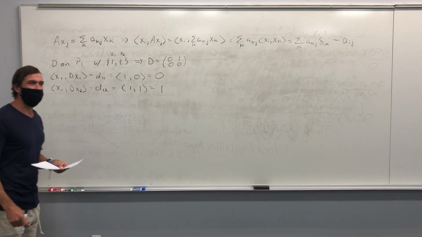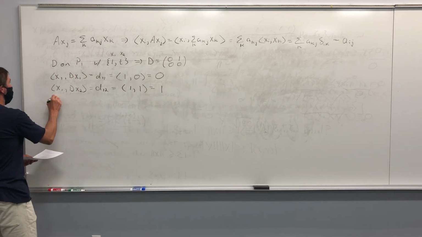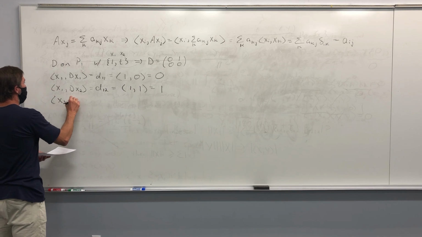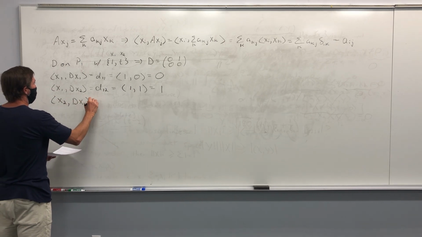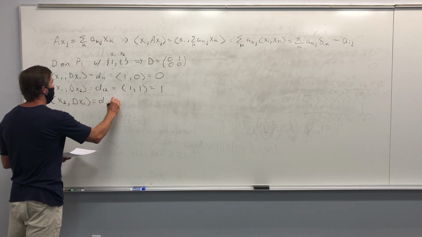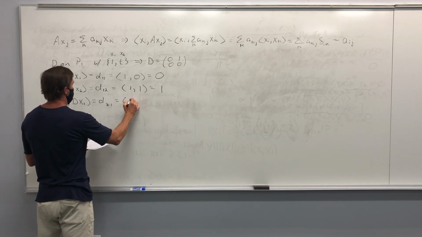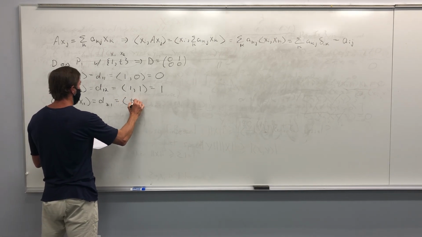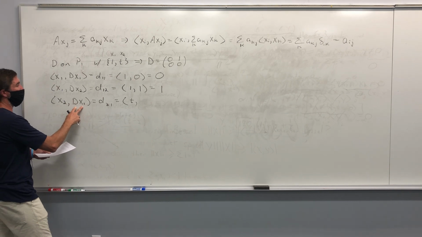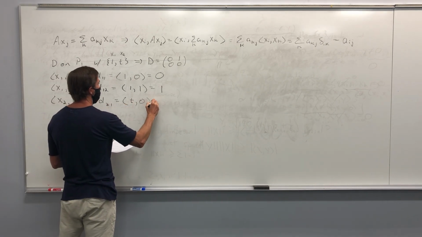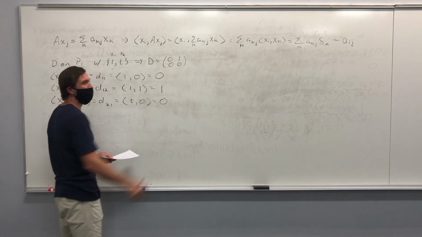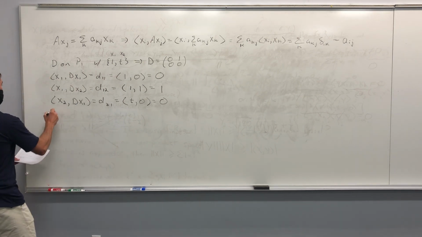Boom, it agrees. This is looking pretty good. So x2 dx1, which should be the d21 element. Well, that's t. What's dx1? 0. What's the inner product of t with 0? 0. Boom! It's working out.